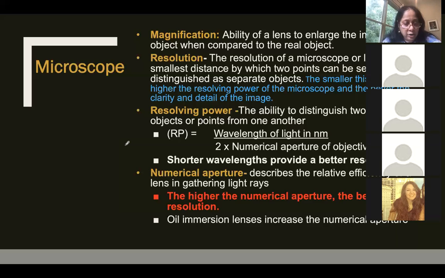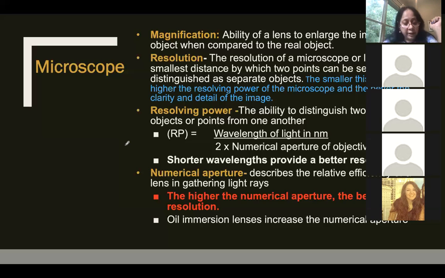interference. I told you that there are two different types of interference, constructive and destructive. You really need to understand why it is constructive and why it is destructive. If you understand that, then I know that you will understand the different types of microscope, like the principle of the phase contrast microscope.